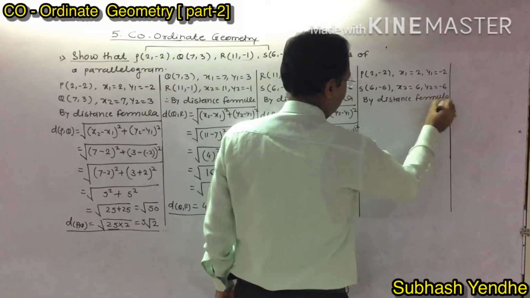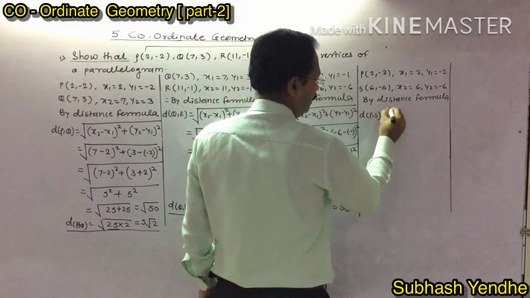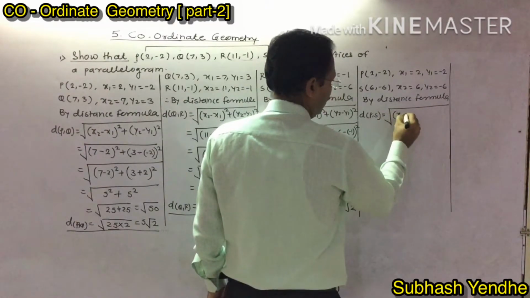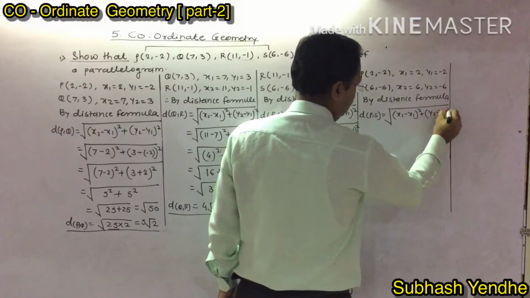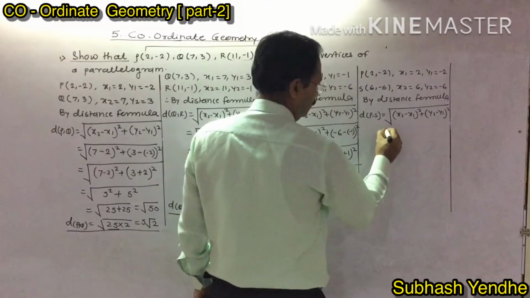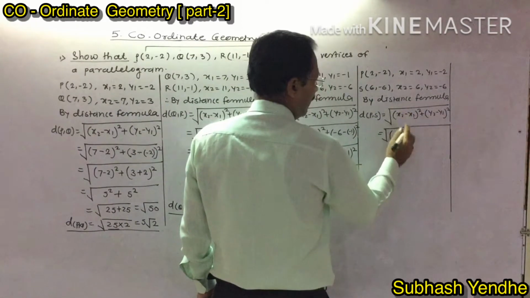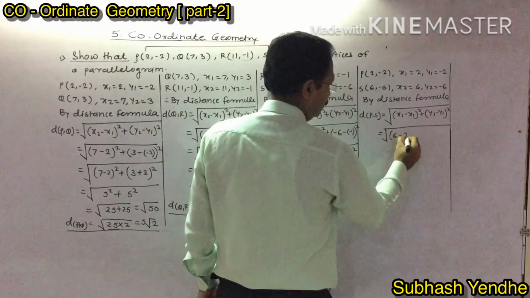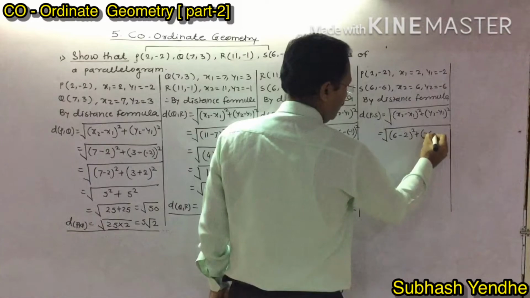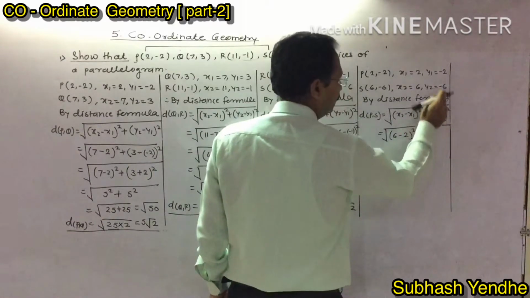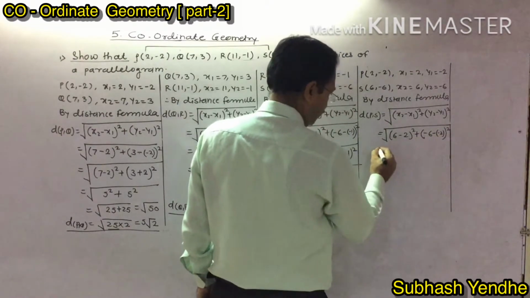You will get distance PS equals to under root (x2 minus x1) whole square plus (y2 minus y1) whole square. So now substitute the value. x2 is 6 minus x1 is 2, in bracket square, y2 is minus 6 and minus sign, then y1 is minus 2, so you have to write it in small bracket square.